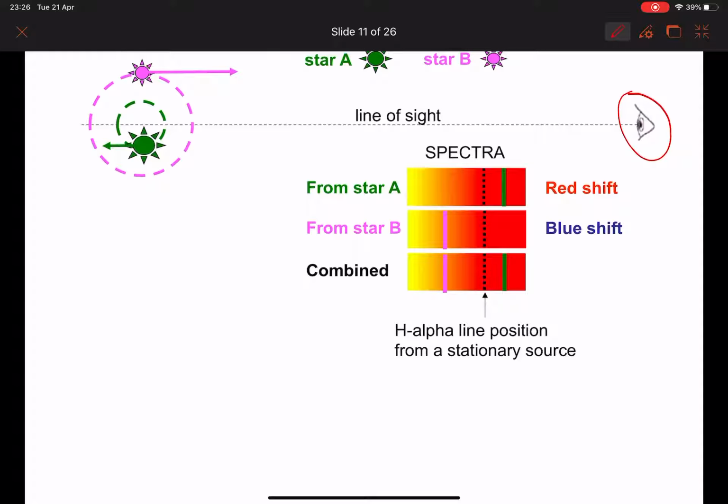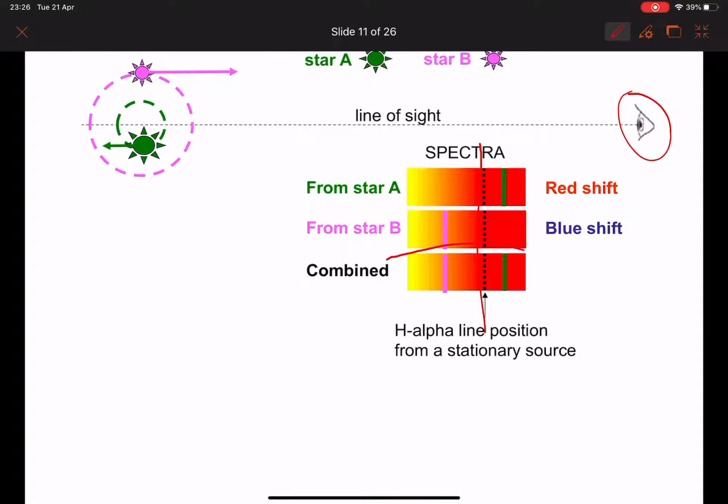And we can see from star A it's been redshifted from where it should be. Where it should be is this line down here. It's been redshifted because the green star is moving away from us. It's been relatively blue shifted because the pink star is moving towards us.